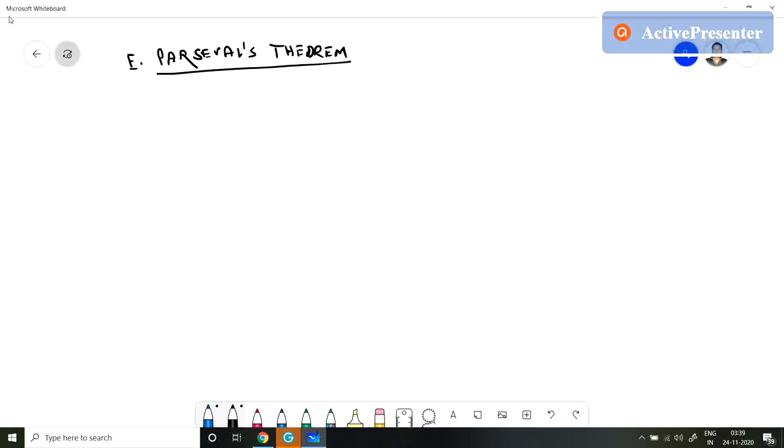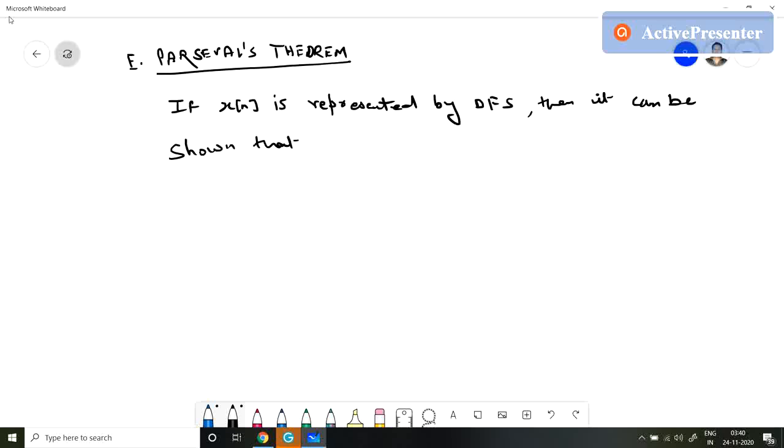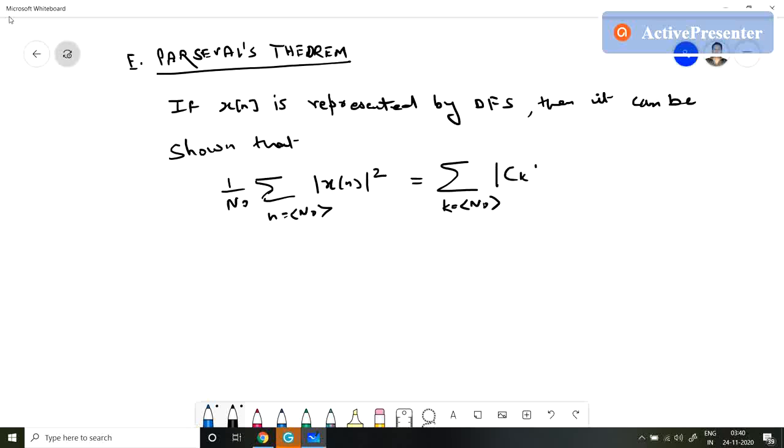So if xn is represented by a discrete Fourier series, then it can be shown that 1 divided by n naught, summation over n in the range of n naught, modulus of xn whole squared, is equal to summation over k in the range of n naught, modulus of ck whole squared.